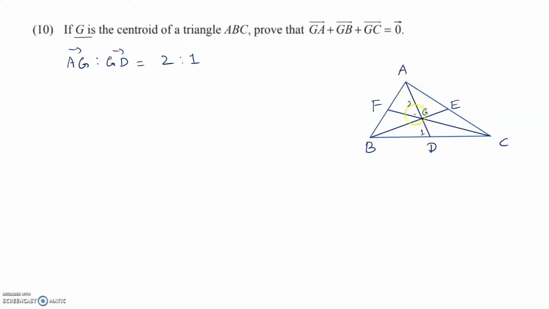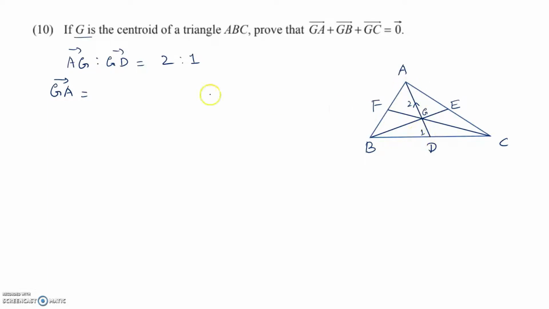Okay, so if this is 2:1, then let's define this vector GA, which is in this direction. It will be equal to 2/3, because GA is 2/3 of the whole length AD.